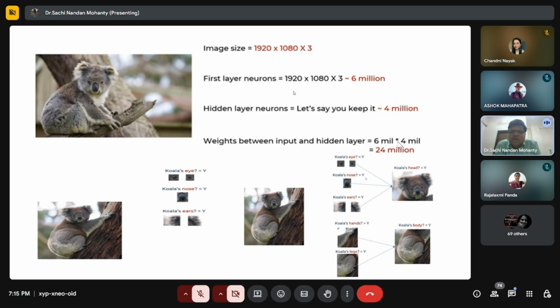So the total is 24 million, because every weight is multiplied by every input, right? Now imagine if you provide 24 million inputs to a neural network in your system, definitely you will take 10 years. So that's why, out of 24 million, how much data is really participating in the experimental work?